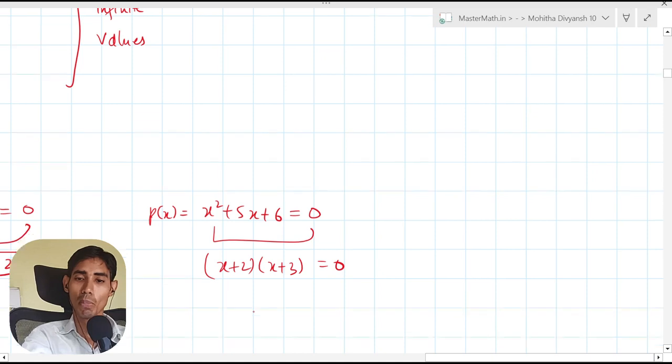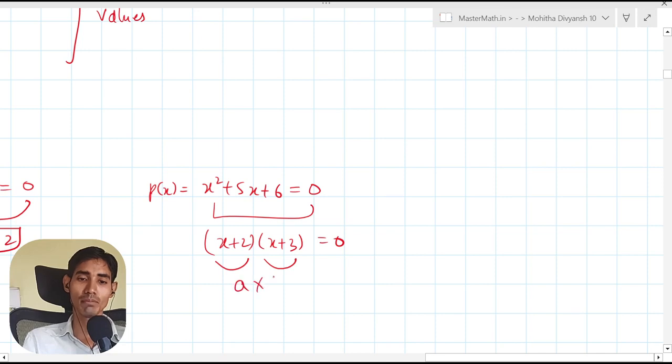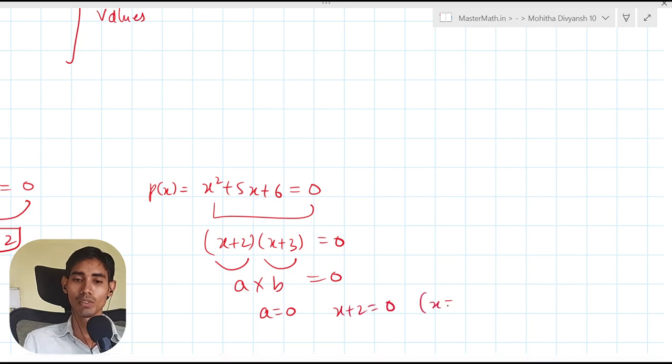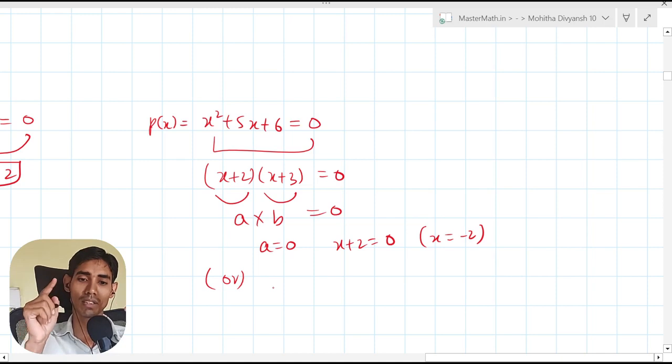These are the factors of this polynomial. Now there are two things. One is this, another is this. So a times b is 0. So either a could be 0, that means x plus 2 could be 0, or b could be 0. It is an or. It's not necessary that both should be. It's not an and operator. It's an or operator. A little difference between and or.